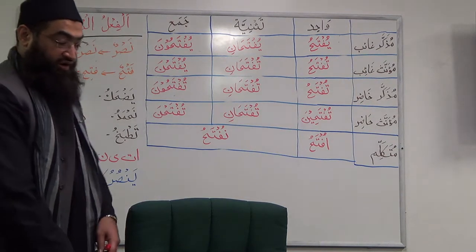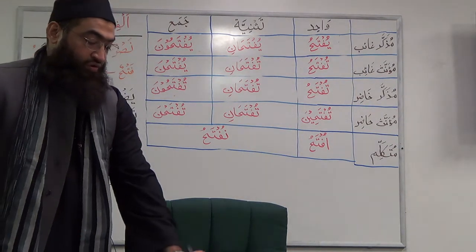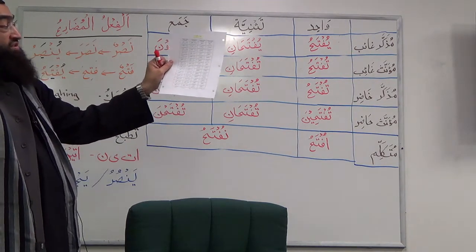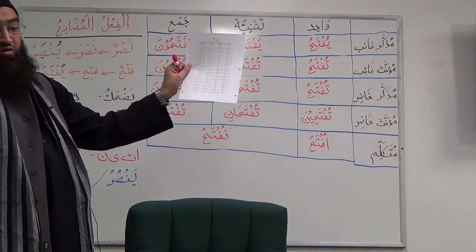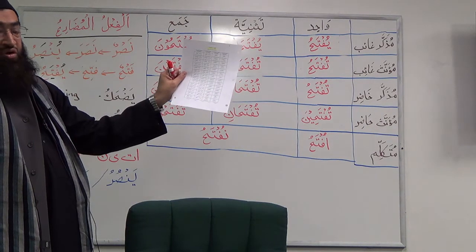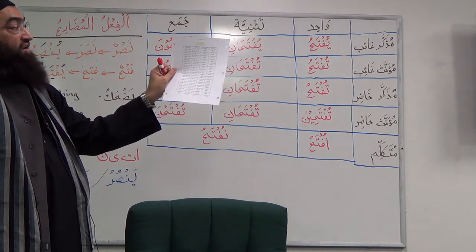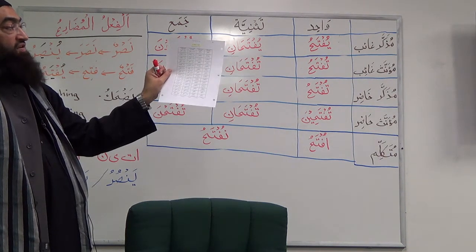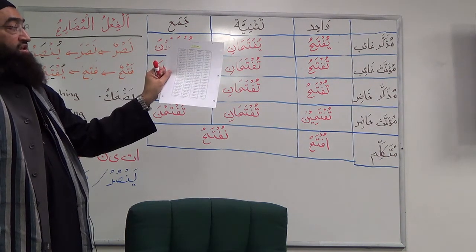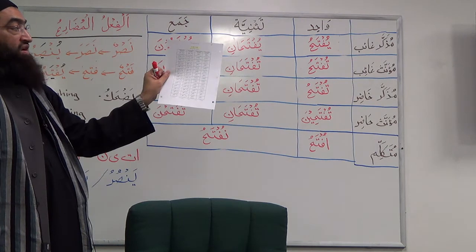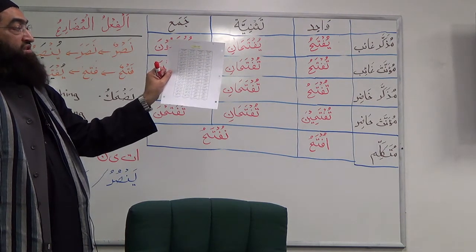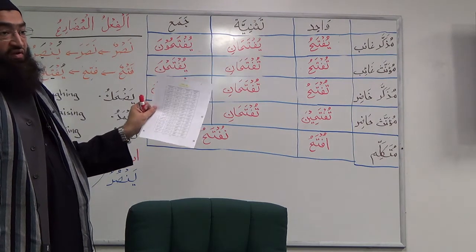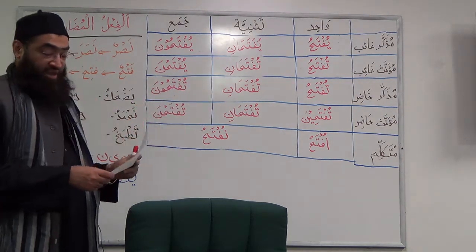If you look at page 27, it says sayaf'alu, sayaf'alani, sayaf'aluna, and so on. So you can put a sin in the beginning.